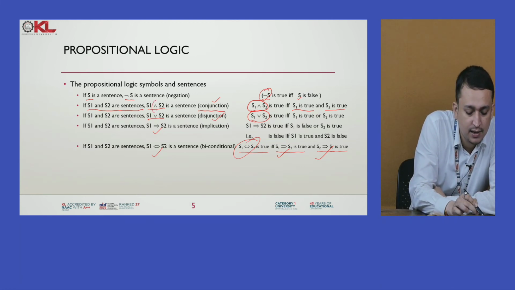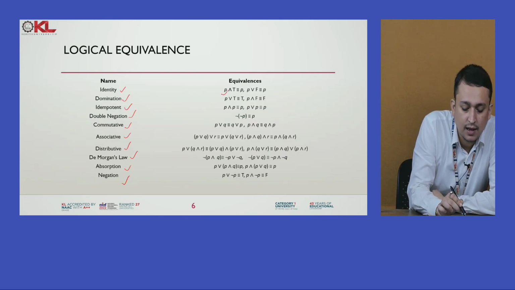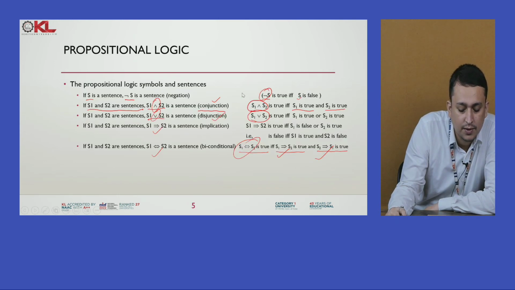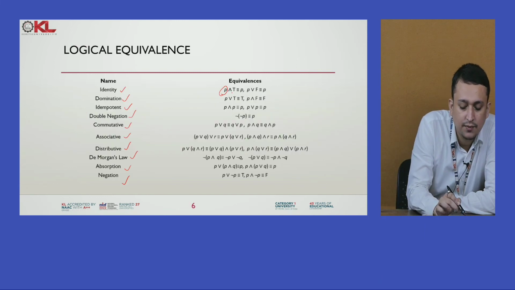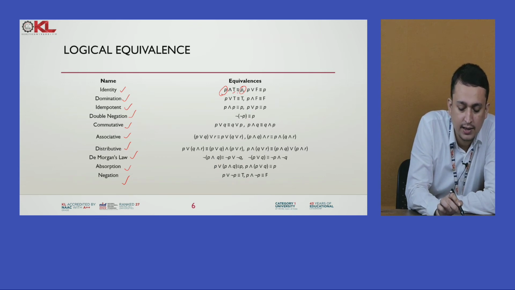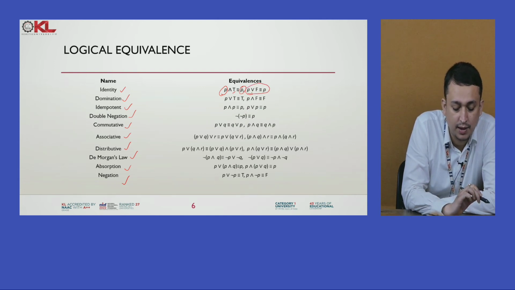This symbol is used for conjunction, and this for disjunction. If the statement P is in conjunction with true, both are equivalent; we can simply write P. It is also valid for false statements.